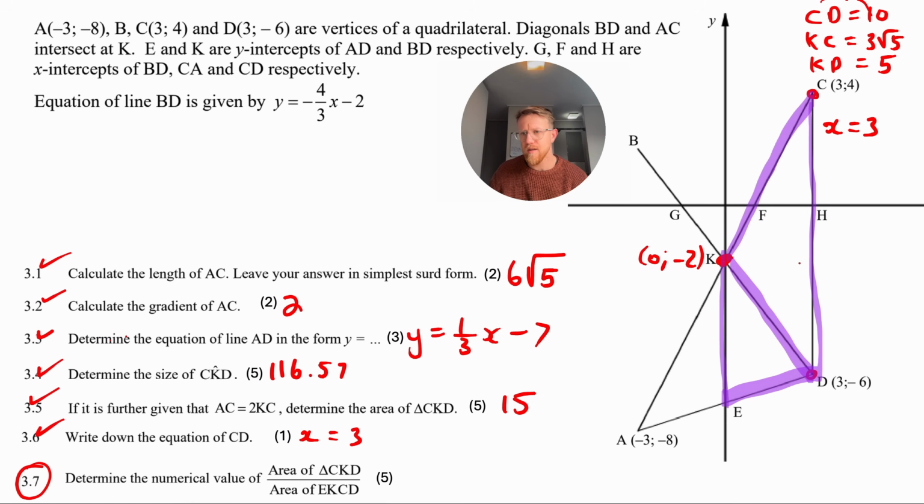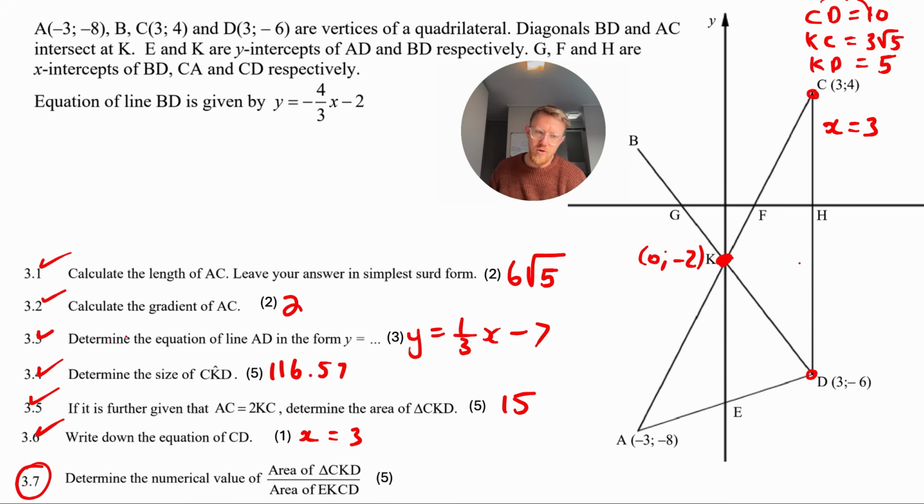It's this triangle here, which we've already calculated its area. That is the CKD that we already know, right? And then it's this little area here. So what we actually need to do is just work out the area of this triangle over here, and then we can easily get the area of EKCD.